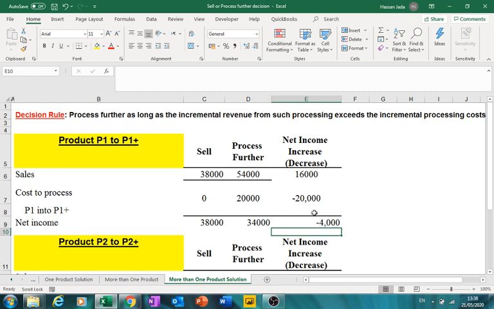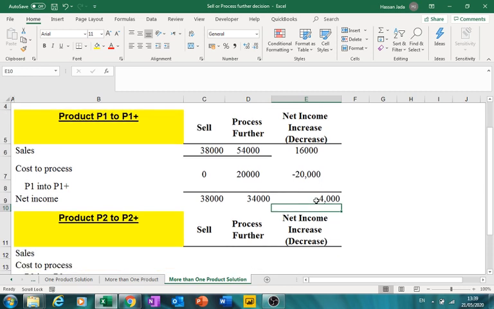Then the net income will decrease by 4,000 because the increase in cost is 20,000 and the increase in revenue is only 16,000. This results in decreasing the net income by $4,000.